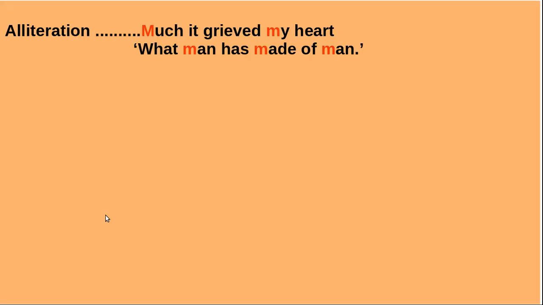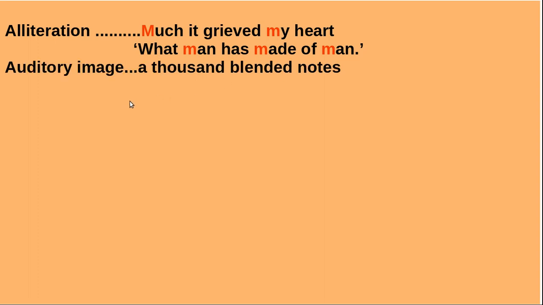Next one, alliteration. Much it grieved my heart. See, the sound of m is repeated at the beginning of those two words. That's why it is alliteration, you know. Here m, same, right? Next, auditory image. That is what you can hear while you close your eyes, right? See, 1,000 blended notes.